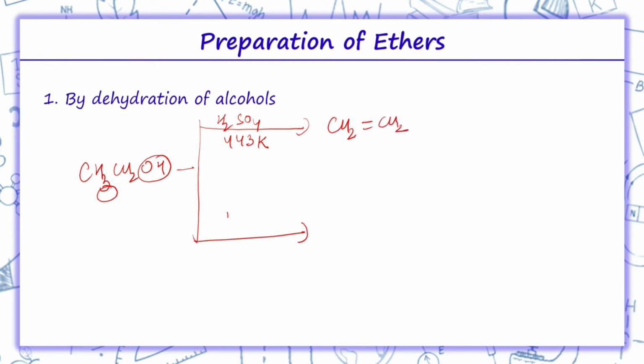But in the same reaction, with H2SO4 and temperature 413 Kelvin, we get ethers, which is C2H5OC2H5. So formation of ether is basically a nucleophilic bimolecular reaction, that is it follows the SN2 mechanism.